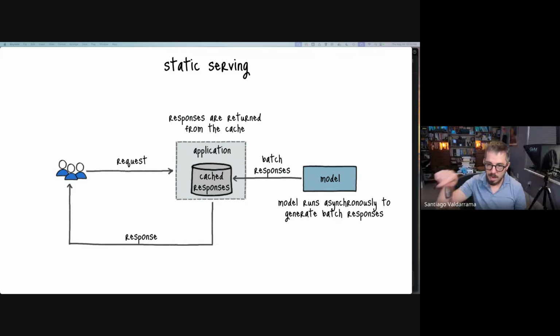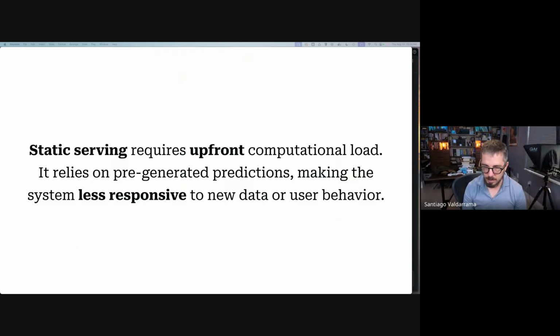And then everyone in your area will just use that cached version for the homepage. You're not generating them on the fly. So static serving requires upfront computational load. That means that at some point you have to run those models. So that's going to be all of the computational power. It does not depend on user requests. It's sort of like fixed, but you have to go through it.